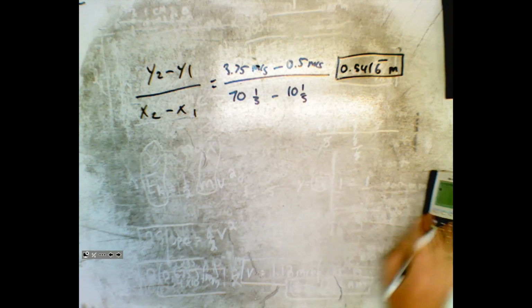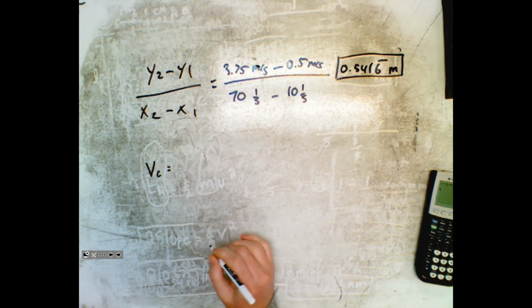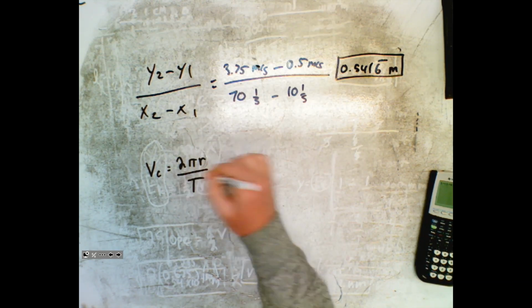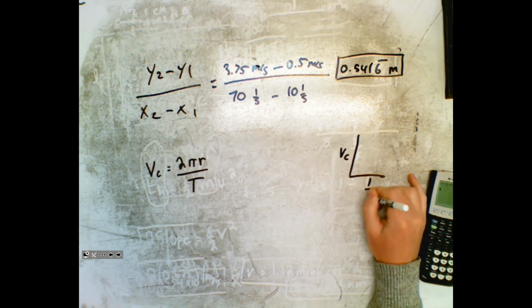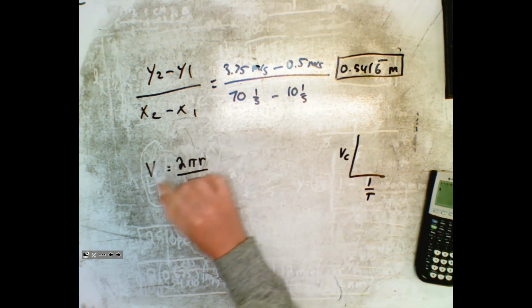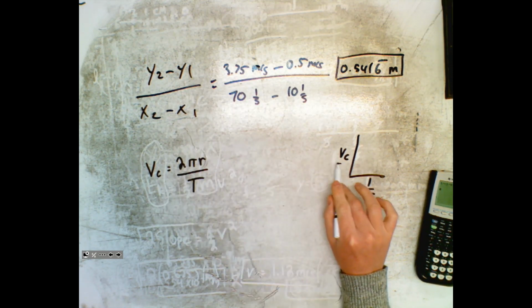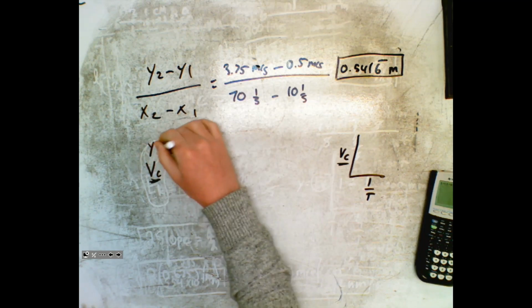Okay, and now the formula that they gave us, VC equals 2 pi r over t. And our graph was VC versus 1 over t. So to get this formula in y equals mx plus b form, we have to make sure that our y value, which is VC, is isolated, which it is. So it's y equals mx.